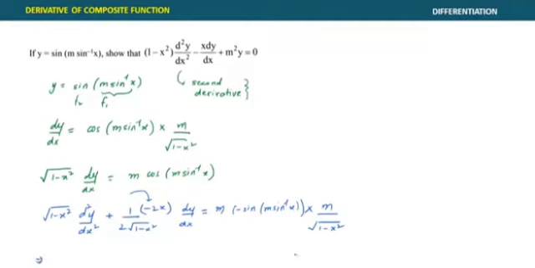So if you cross multiply this under root 1 minus x square component, what you will get is 1 minus x square into d2y by dx square. The under root here will get cancelled out, 2 is also getting cancelled out, you will get minus x dy by dx.